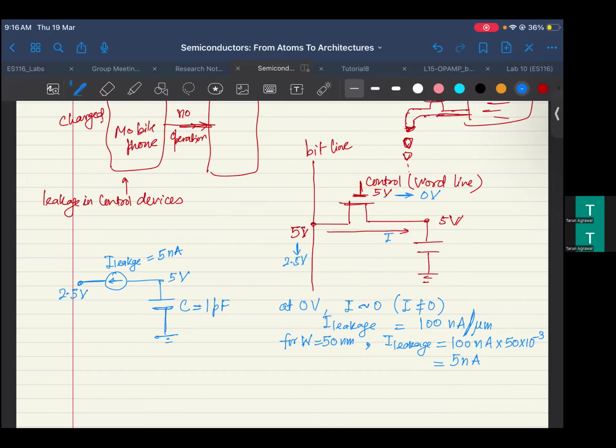And that is what would mean for your mobile that your battery is affected, because this current is still drawn from the battery.